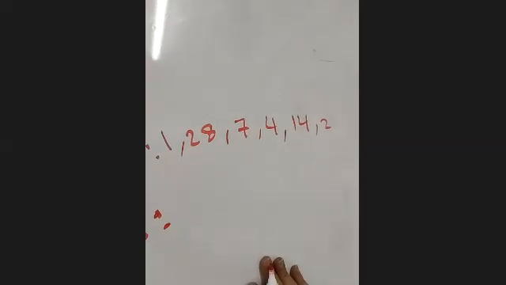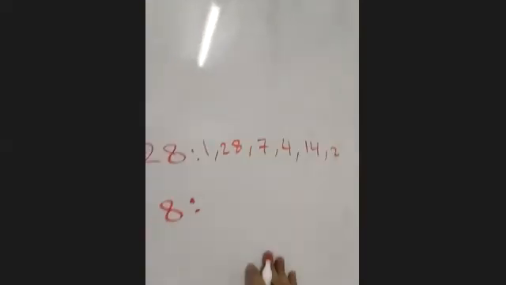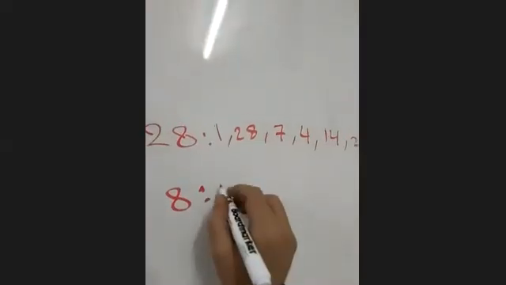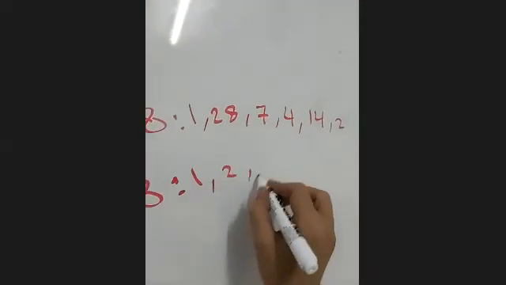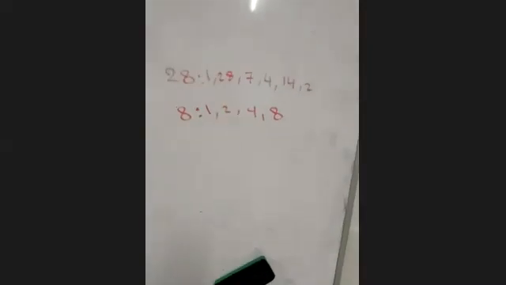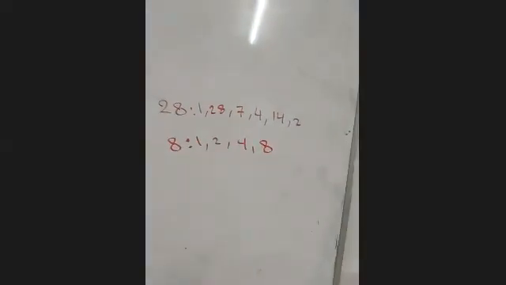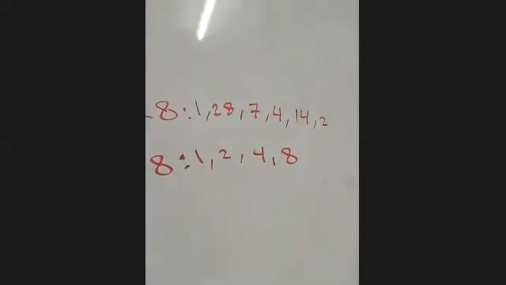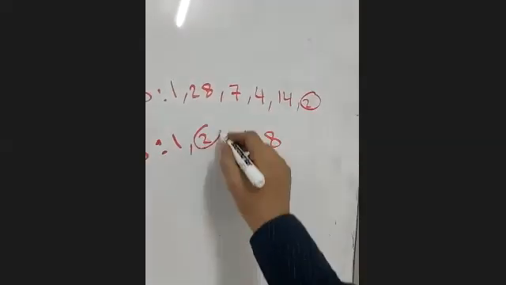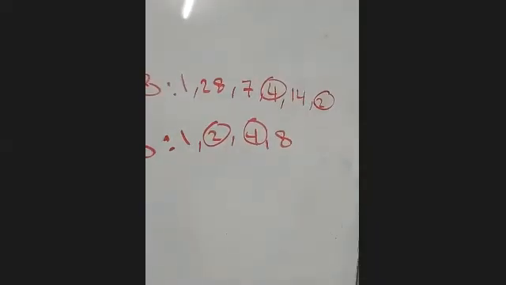If you multiply 14 with 2, you will get 28. Now the 8, we know it: 1, 2, 4, and 8. These are the factors of 28, and these are the factors of 8. Now the common ones are 2 and 4, right?